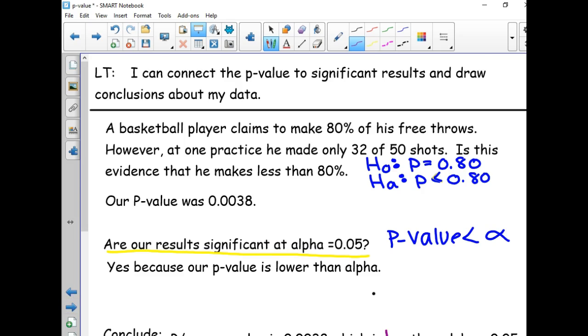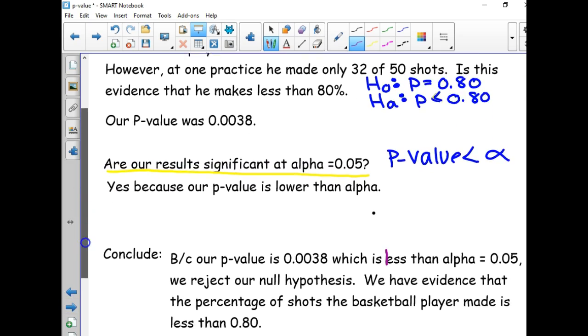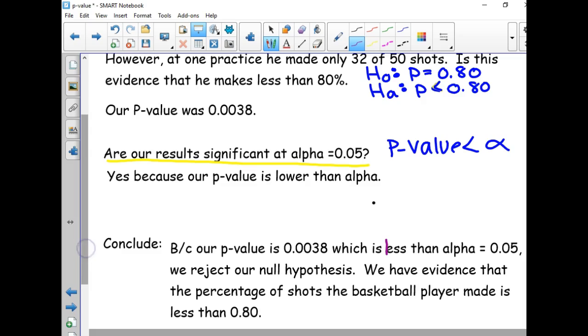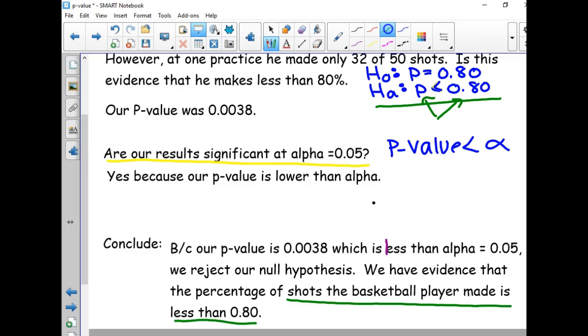So it's helpful to think about HA at the very beginning. What was our HA? Our HA was we were suspicious that this player's free throw percentage was less than 80%. And I just wrote that out in words. That's our formal conclusion. That's one thing I'm going to ask you to do today.